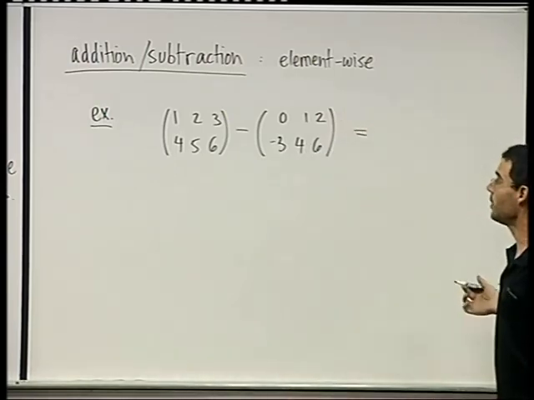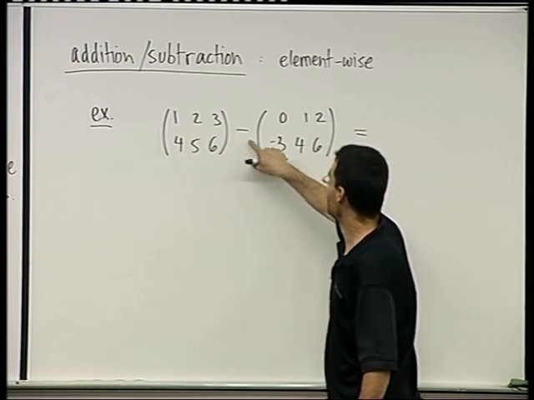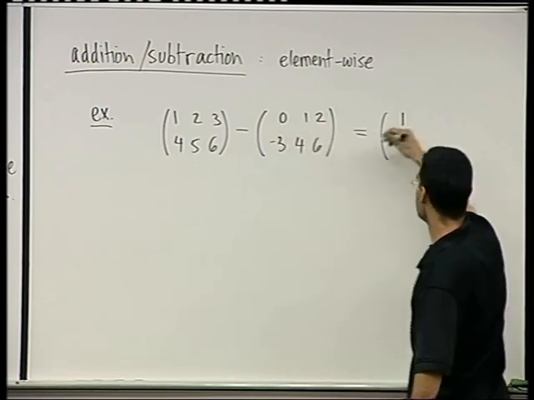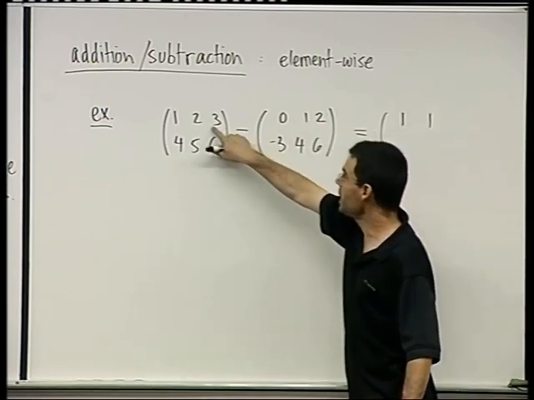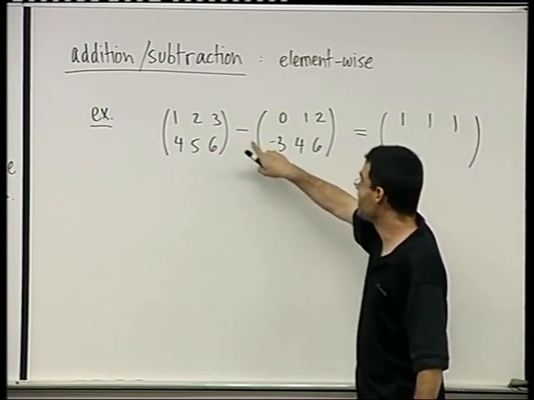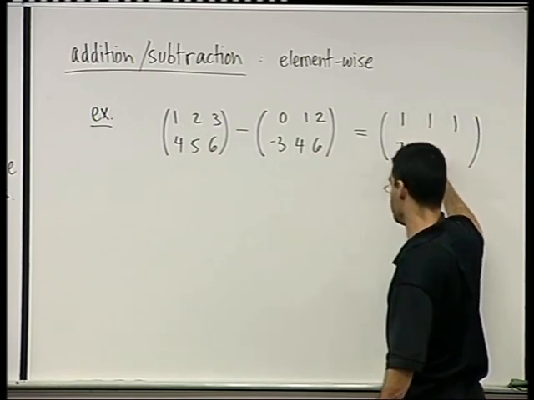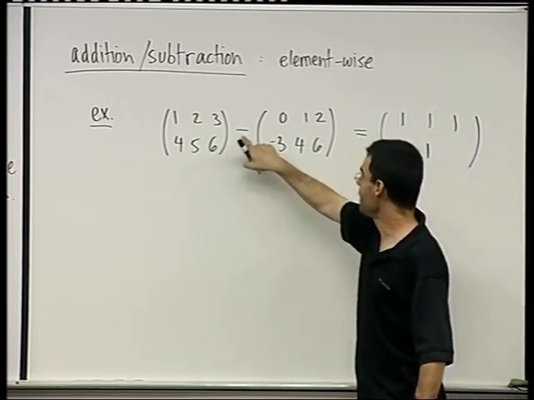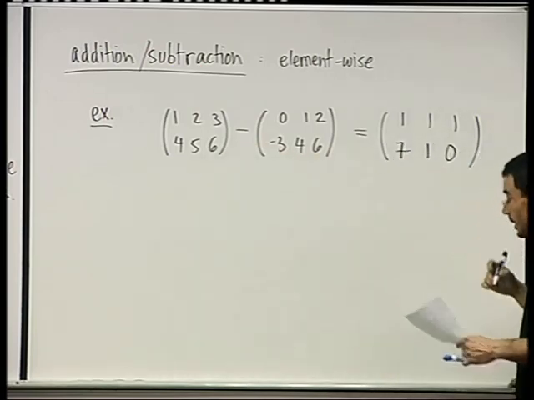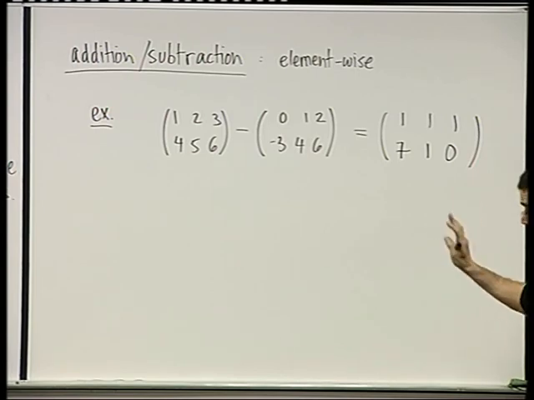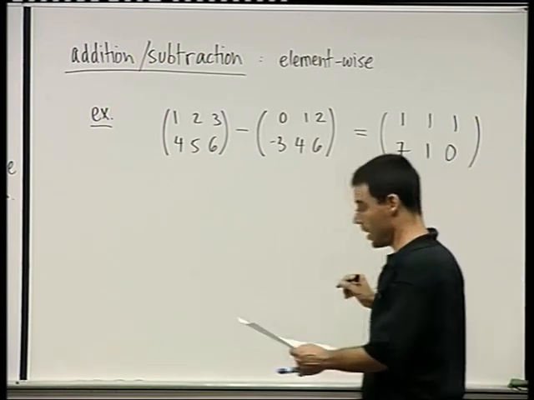We do it element-wise. 1 minus 0 is 1. 2 minus 1 is 1. 3 minus 2 is 1. 4 minus 3 is 1. 5 minus 4 is 1, and 6 minus 6 is 0. So this is how we do matrix addition or subtraction. Is that clear? Everybody good? Very straightforward.